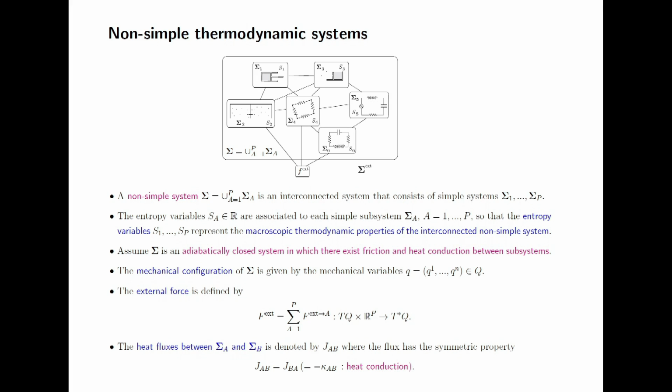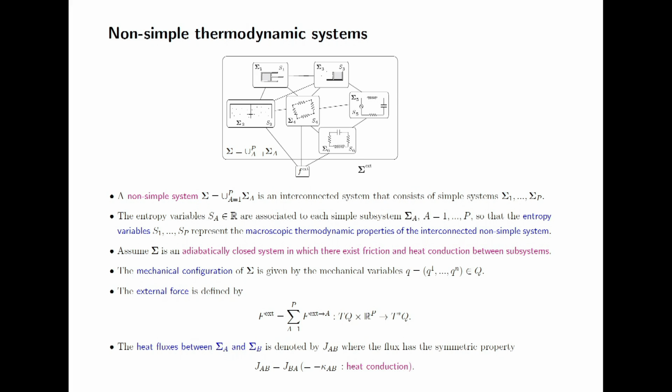This is a schematic figure of a non-simple system. A non-simple system is a system that can be regarded as an interconnected system of several simple systems. A simple system means that there is only one thermodynamic variable, here denoted S, which is again the entropy variable.